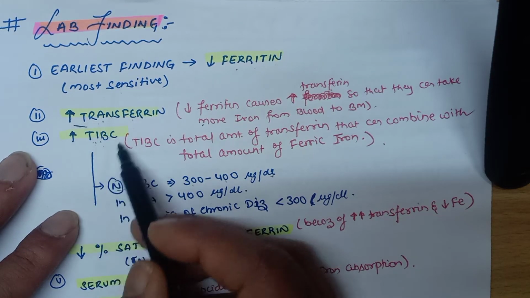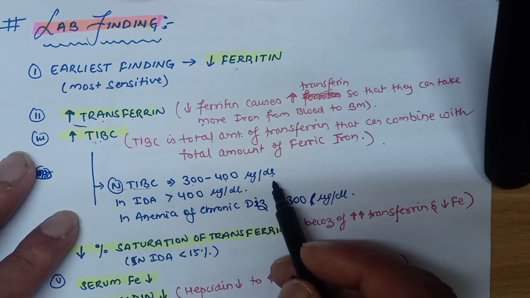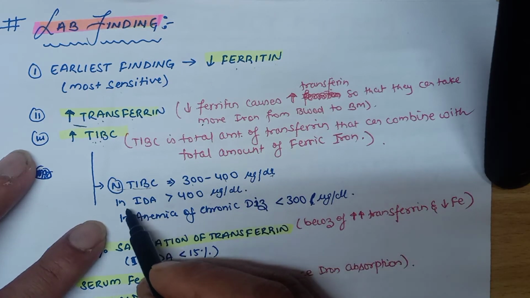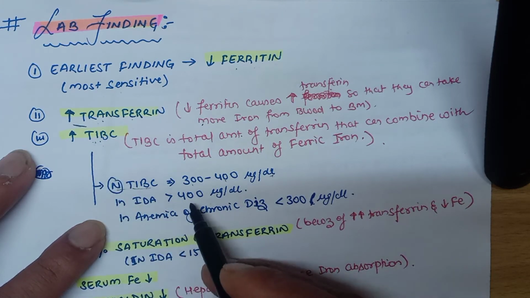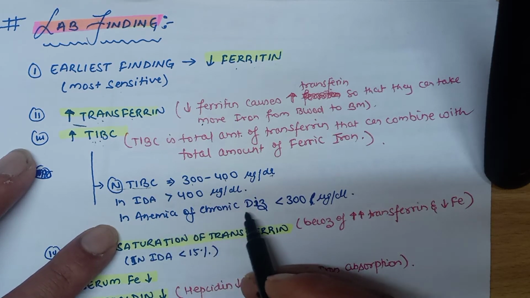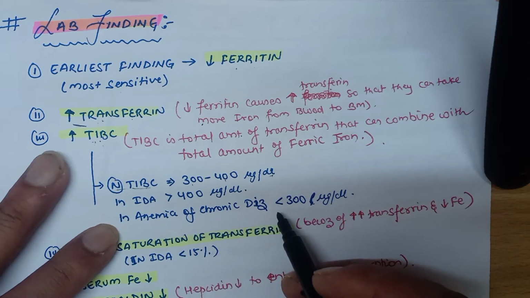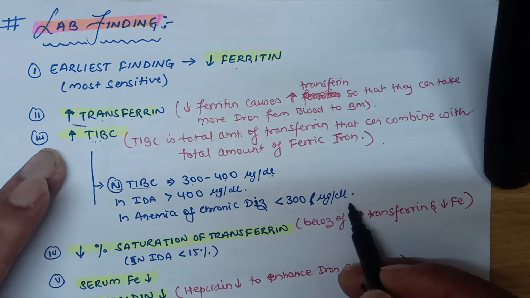So the normal value of TIBC is 300 to 400 microgram per deciliter. In case of iron deficiency anemia, total iron binding capacity will be more than 400 microgram per deciliter. But in case of anemia of chronic disease, total iron binding capacity will be less than 300 microgram per deciliter.